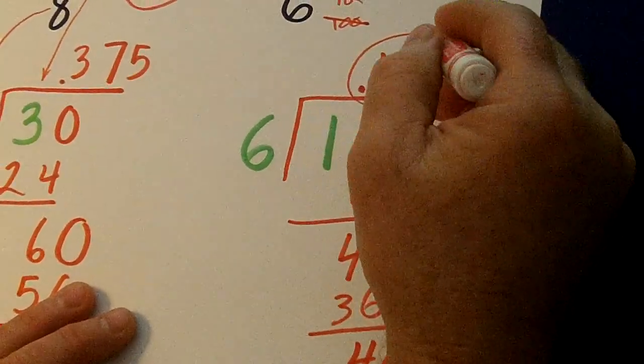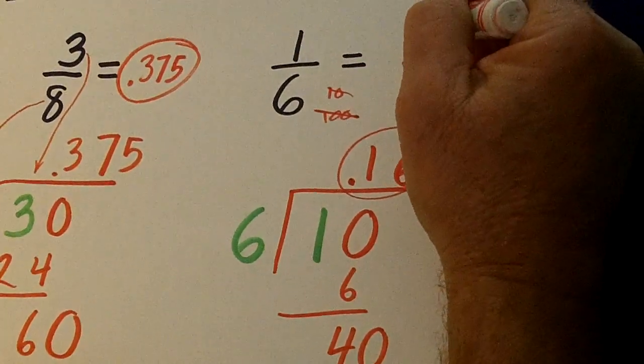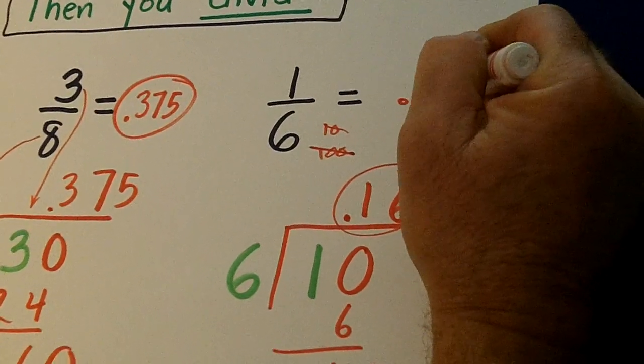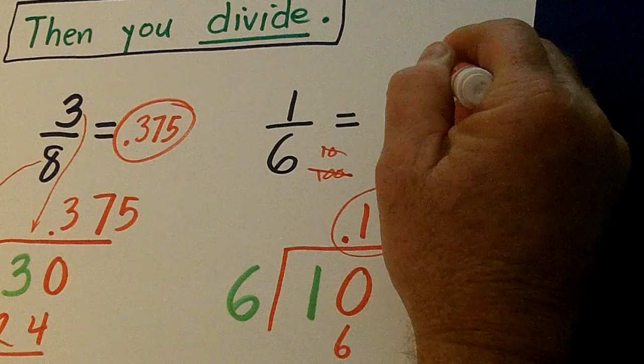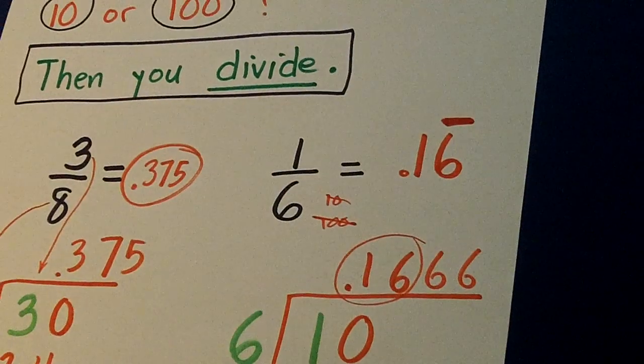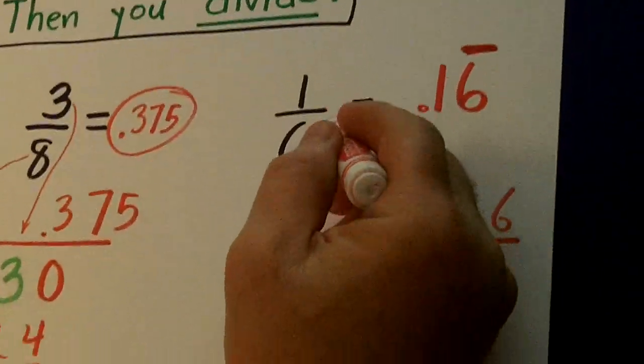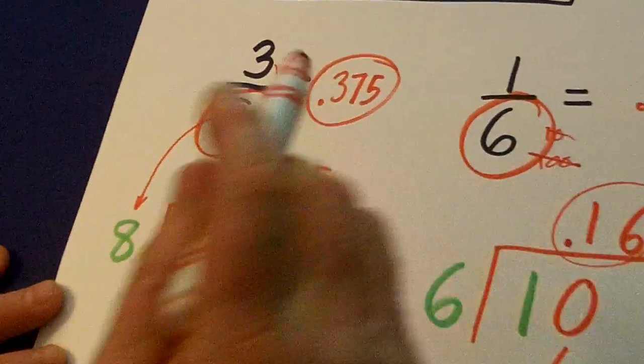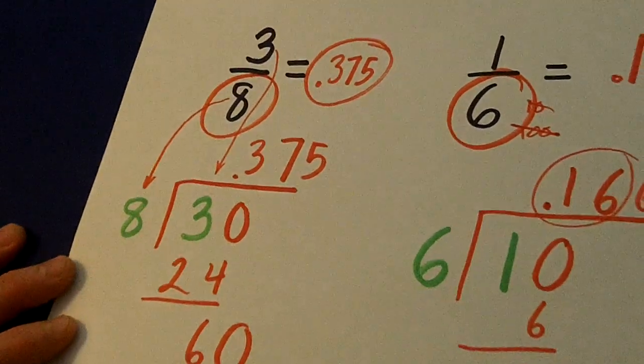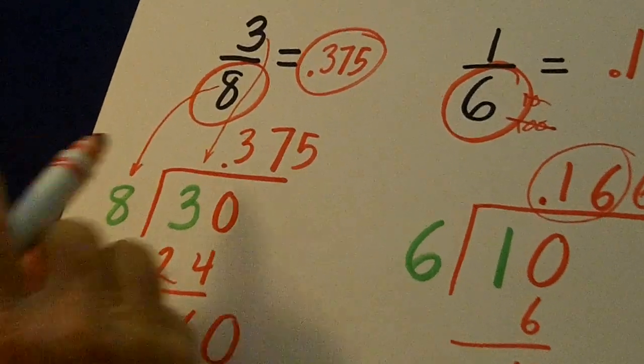And so let's round off to 0.16, and then if the 6 repeats, we'll have a bar over the 6. Okay, so if the denominator does not go evenly into 10 or 100, whoops, then we need to divide.